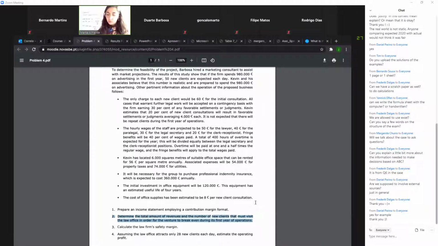Ok? Portanto, são 20% dos 18.000 que vão ser os clientes destes settlements or judgments. Apesar de ser 20% dos 18.000, é como se fosse um novo produto. E então somamos os dois, ok?